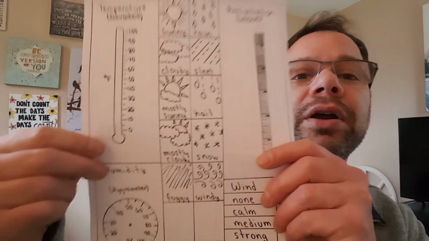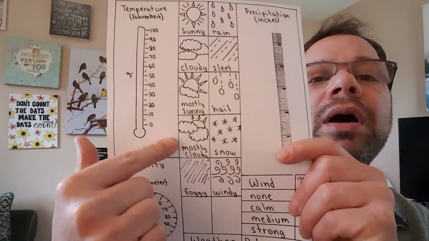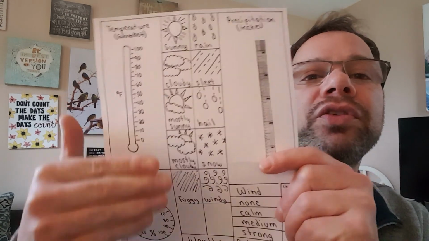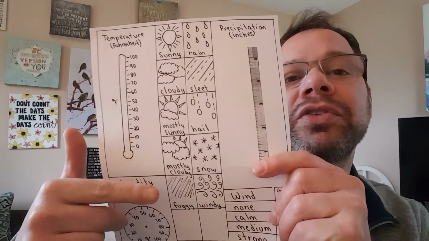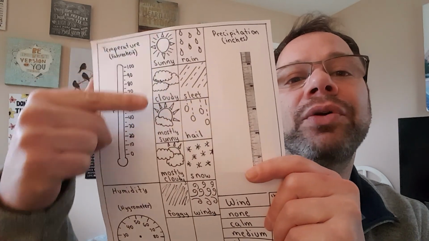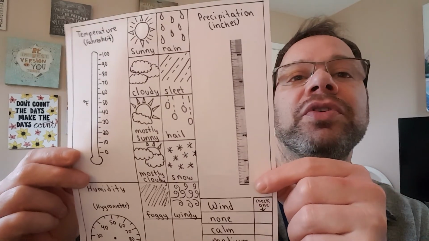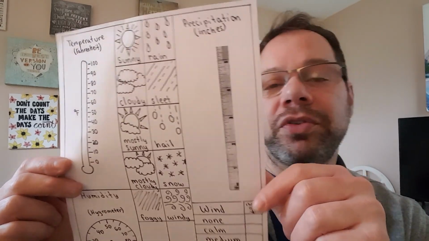And then right here, we could just mark off whether it's foggy, windy, mostly cloudy, snow, and so forth. And you can mark off multiple ones of these because it could be cloudy and windy at the same time, right? Okay, so here's our precipitation part where we measure precipitation.